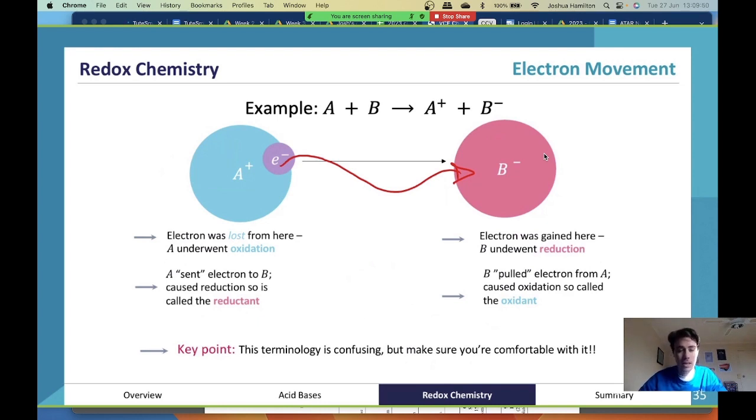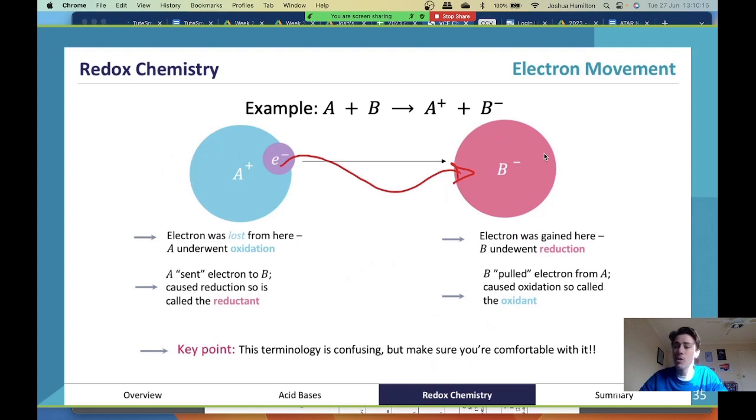Think of it like the teacher teaches you. The teacher isn't taught, she's teaching you, or he is teaching you. Same thing here. It is sending the electron to B, and as such, when it sends the electron to B, it causes reduction. And so we call it the reductant, even though itself is undergoing oxidation.